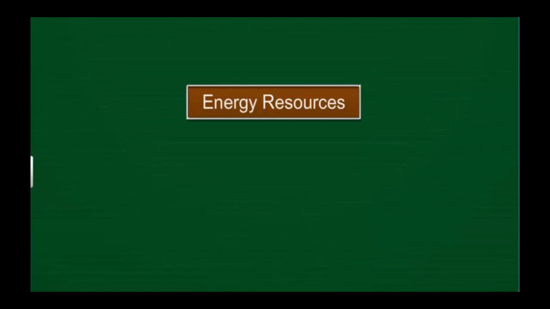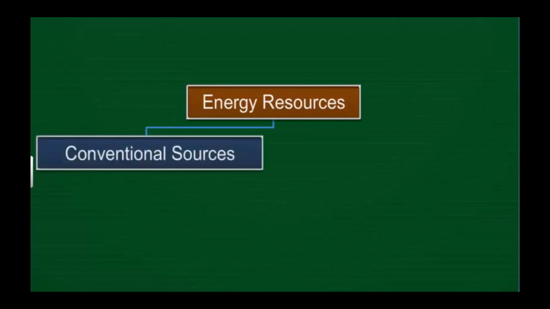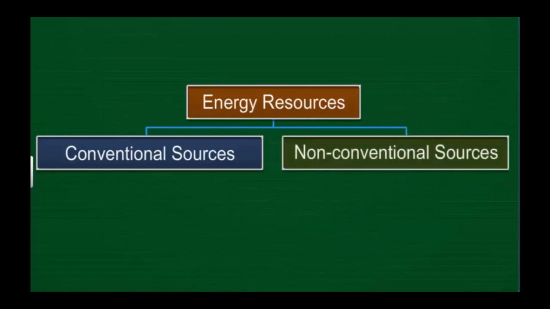We need energy in different forms for all our daily activities. We derive energy from several resources. Some of these resources have been in use for a long time and are called conventional sources of energy. Some other resources, called non-conventional sources, are relatively new sources of energy.